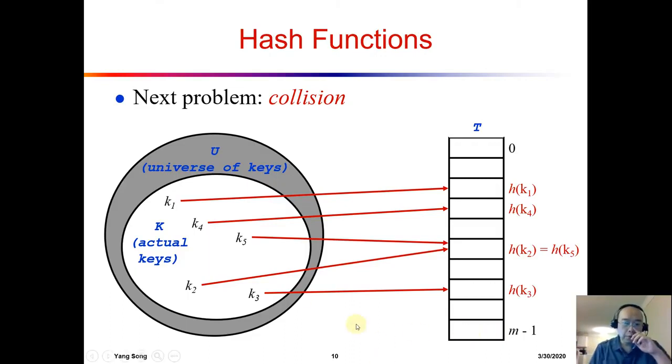If we have key 2 and key 5, and we send both to the hash function h, then h(k2) equals h(k5), and we will have a collision because after applying the hash function, both key 5 and key 2 will be mapped to the same slot.